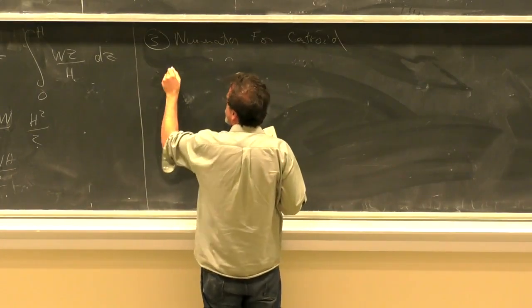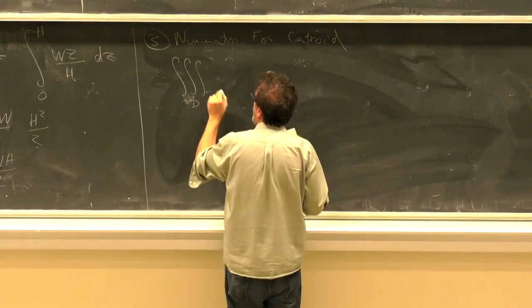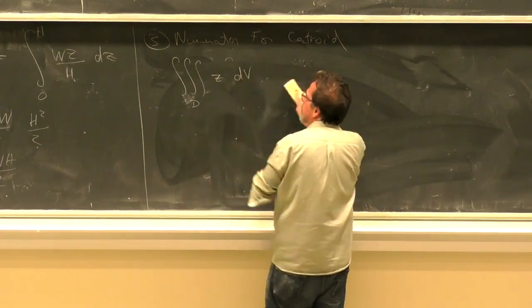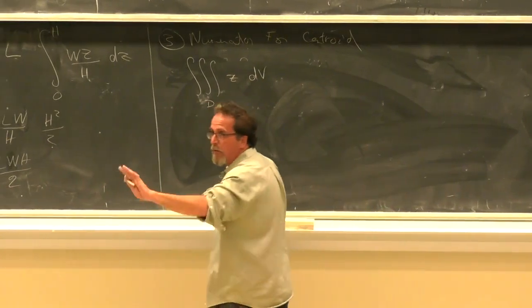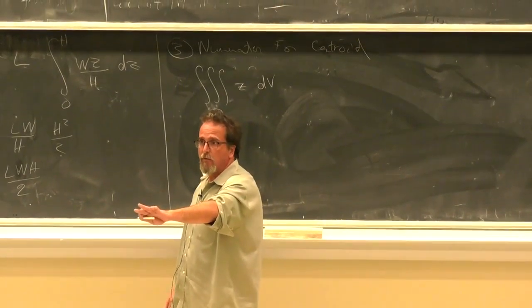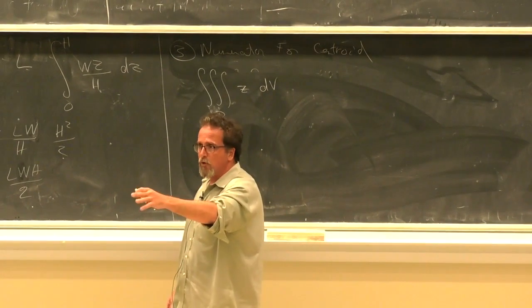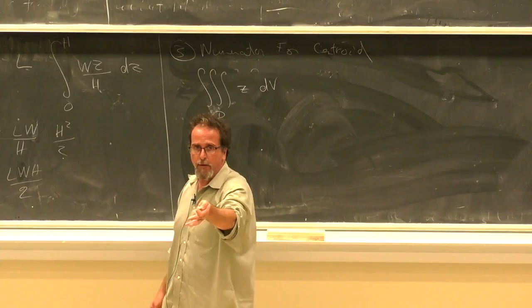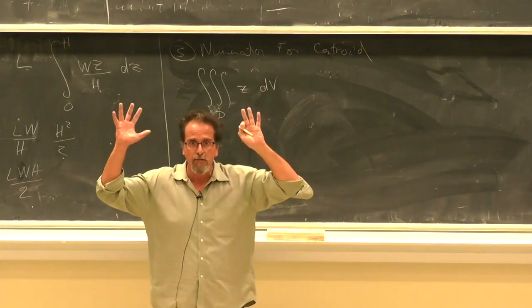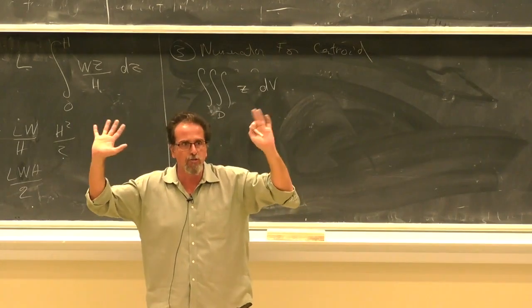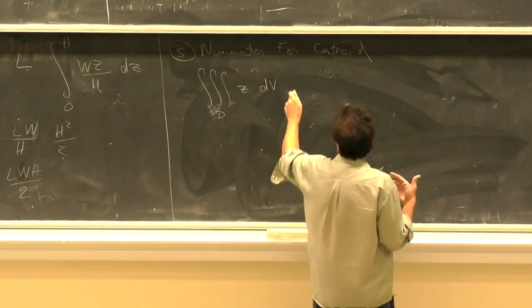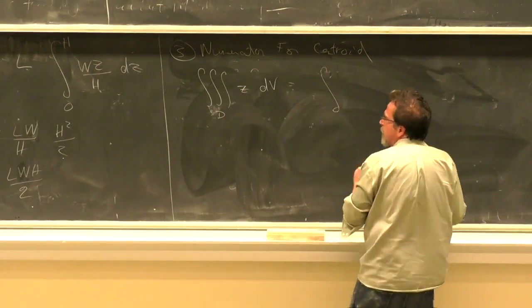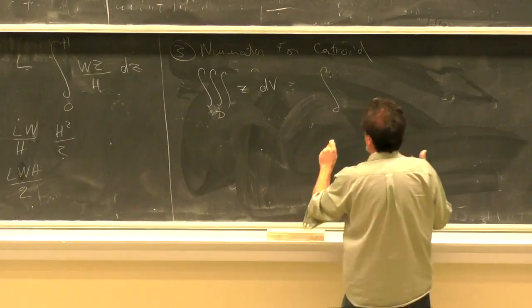It's going to be the triple integral over the domain of z dV. It's the same setup as we had before. I'm going to be going fast, 5th gear. Those of you having problems keeping up with me, just look at the forest. Just say, okay, that was all super plausible or not. But don't worry about the details of this calculation if you think I'm going a little fast.